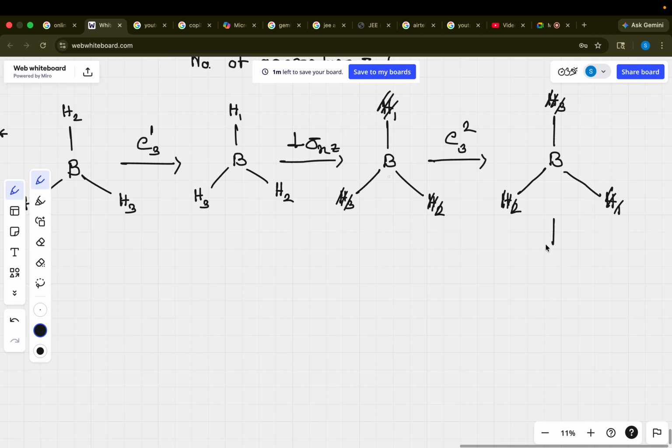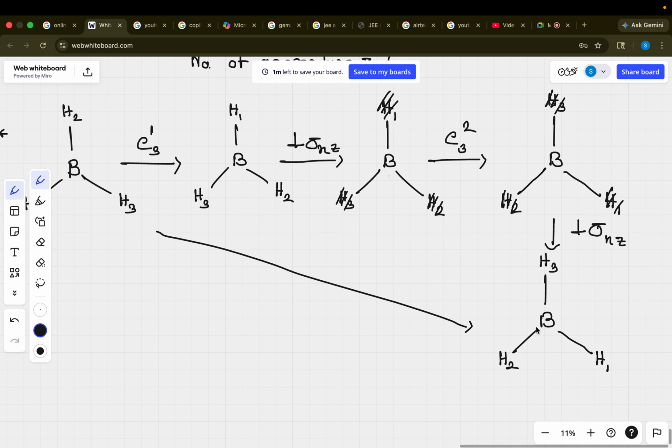Then if you again take the perpendicular plane, which is your sigma xz, that time I will get here H3, here you have H2, and here you have H1.